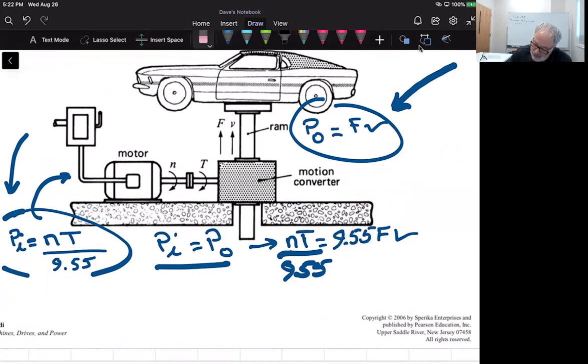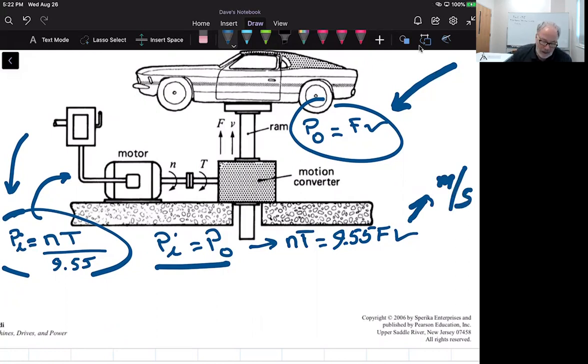What we're left with is this: we've equated the rotary power to the vertical output. This is rotational speed, this is torque in Newton meters, and there's our 9.55, which we moved over by multiplying both sides by 9.55. Here's our force, and this is our linear speed. Be careful, this is meters per second.